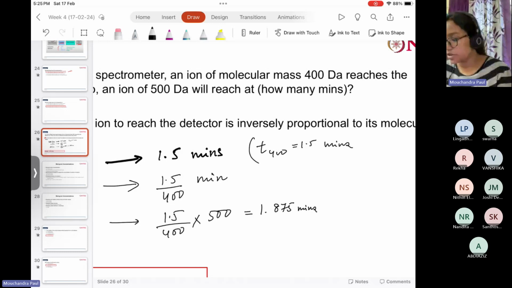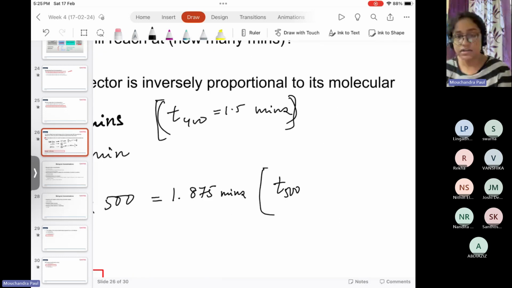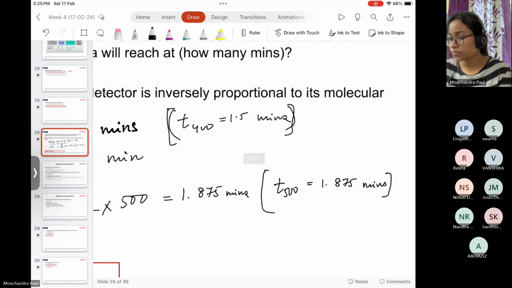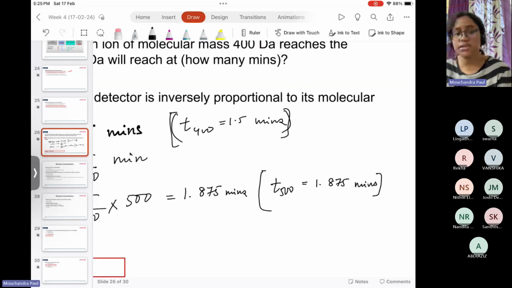Here the molecule was small, its molecular weight is less, so it is taking less time. And for T500, the molecular weight is higher, it is heavier, so it is taking more time. Does this logic make sense?